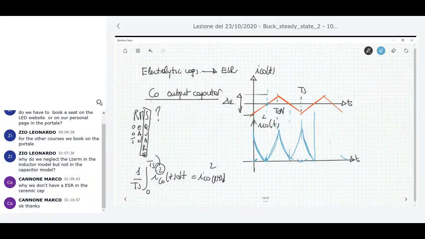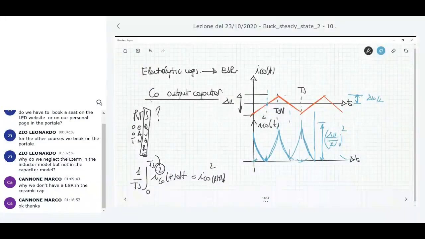If this is delta IL, the maximum value, the total positive quantity, is delta IL divided by 2, so this is delta IL squared over 4.